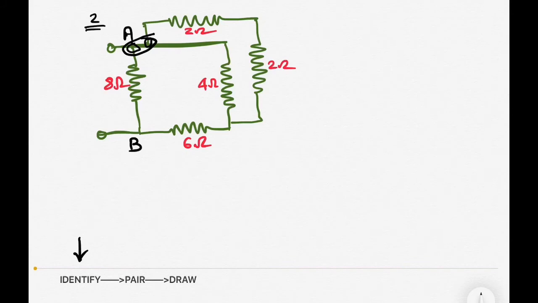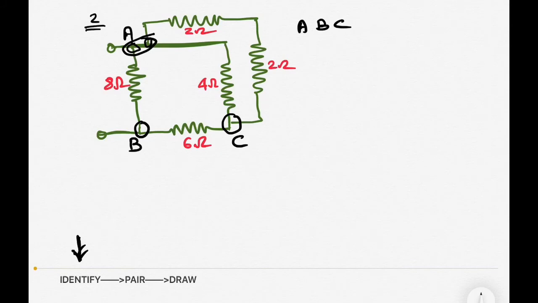And then this is junction B, and there is one more junction. If you go around the circuit, this is junction 3, so we can name it C. So we identified 3 junctions in this circuit, A, B and C. So we are done with the identification part.